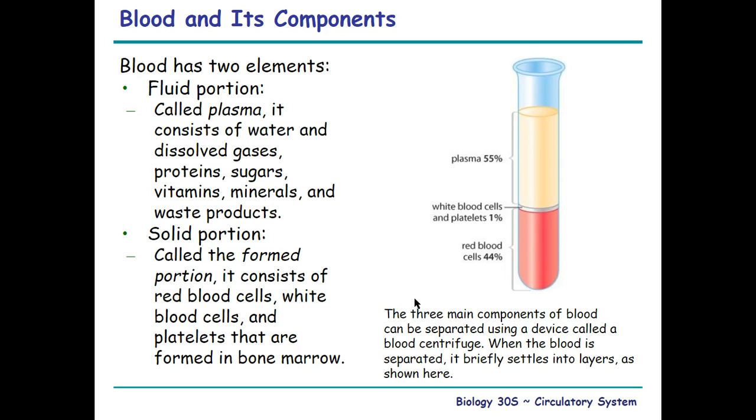The three main components of blood can be separated using a device called a blood centrifuge. When the blood is separated, it briefly settles into layers, as shown here.